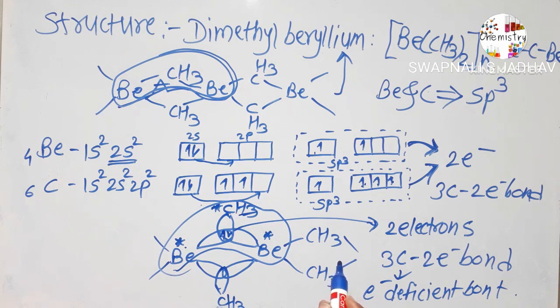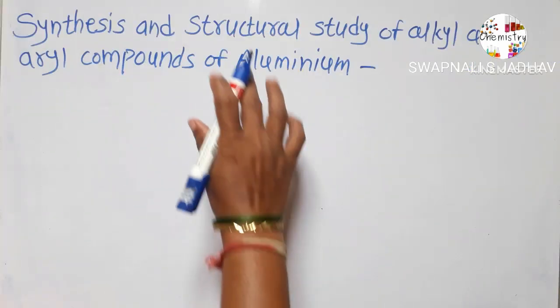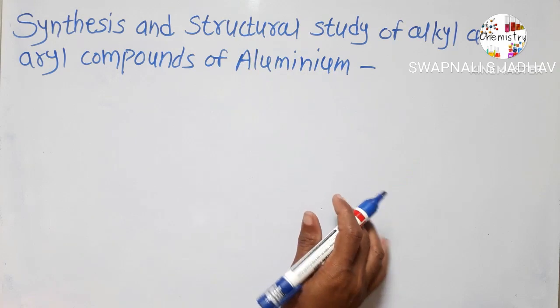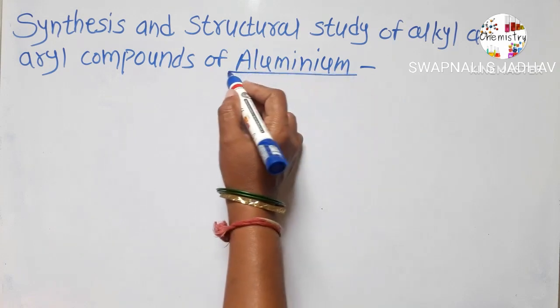The extent of polymerization of organoberyllium compounds decreases with increase in bulkiness of the alkyl or aryl group. We can also draw the structure for di-tertiary butyl beryllium or bicyclopentadienyl beryllium, which are monomeric in nature. Now the synthesis and structural study of alkyl and aryl compounds of aluminium.